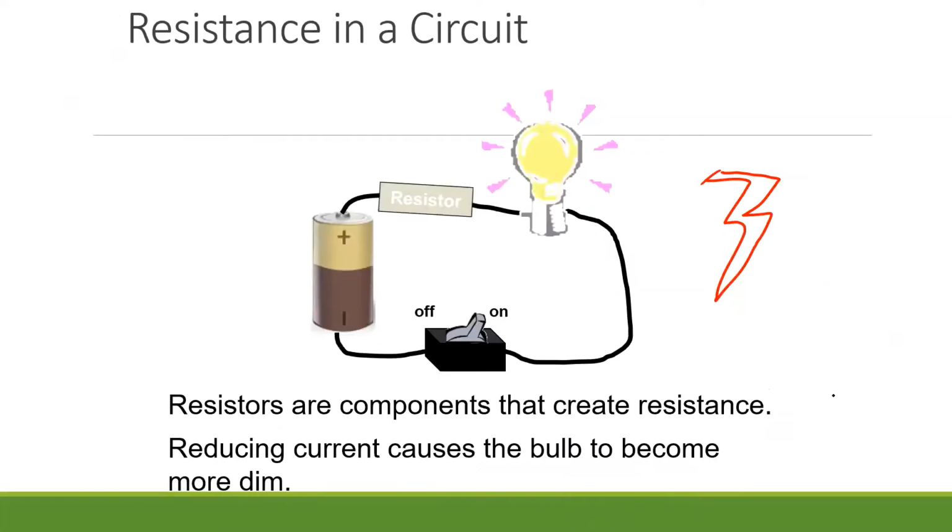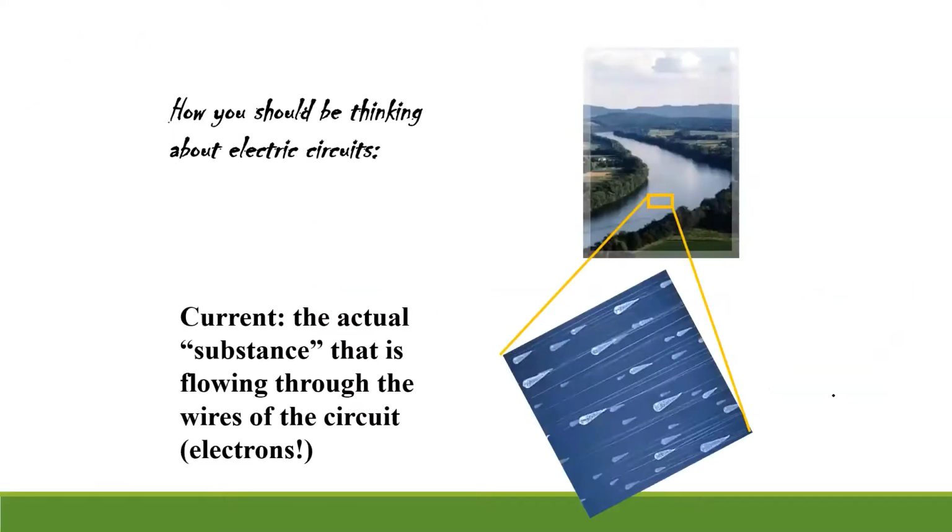So let's now take all of our ideas of current, voltage, and resistance and combine them into one idea. To do that, we're going to use the idea of a river, because very often we use a river and water pressure as an analogy, which means linked to our understanding of electricity.